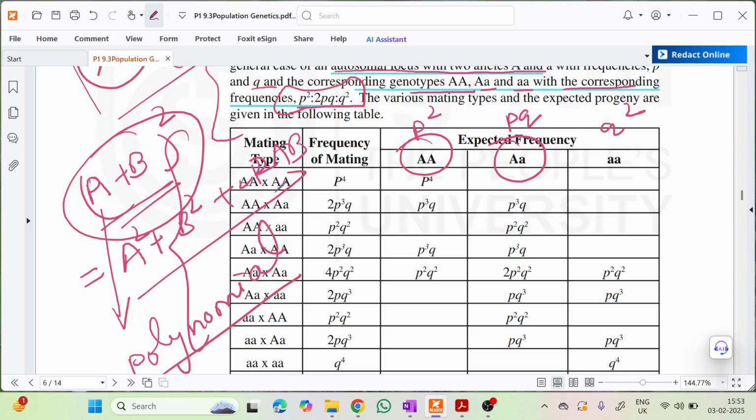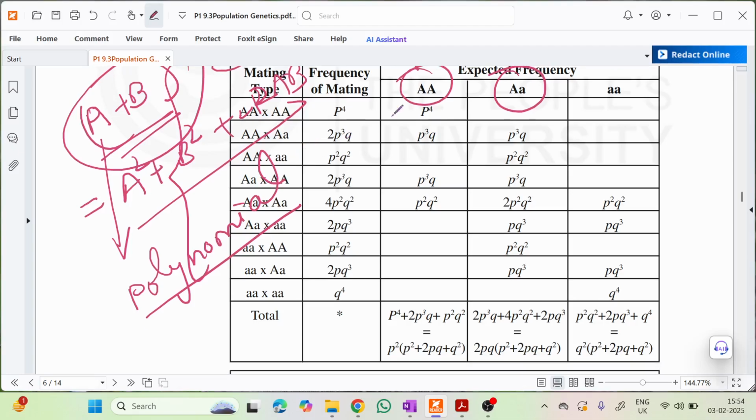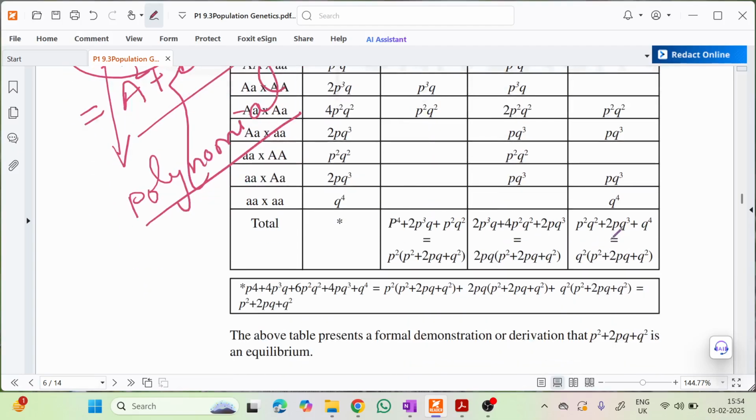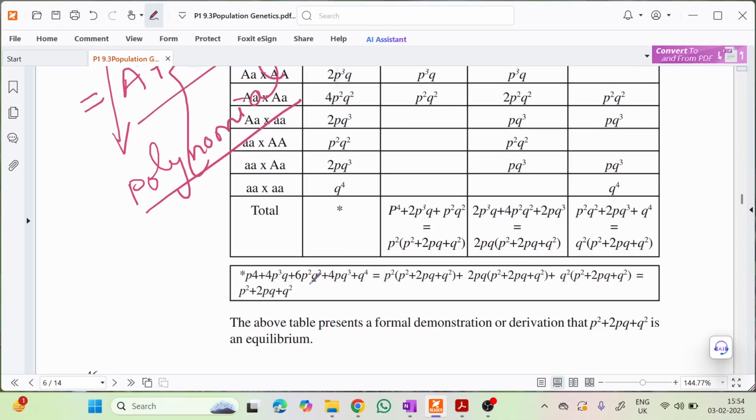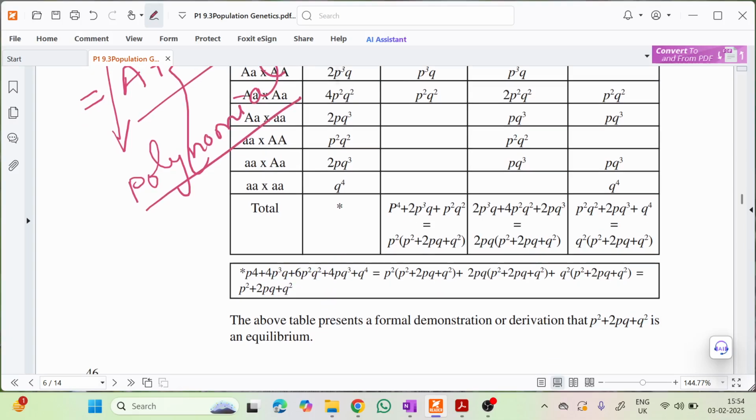अब सेम जब इनके बीच में मेटिंग होगी, मेल एंड फीमेल सिमिलर जो कंडीशंस हैं अंडर हार्डी वाइनबर्ग लॉ, ये करते हैं, अल्टीमेटली दिस सिनेरियो विल अपीयर, and the further simplification of which lead to the final conclusion that p square plus 2pq plus q square is equal to 1.